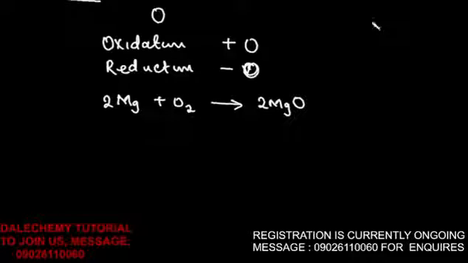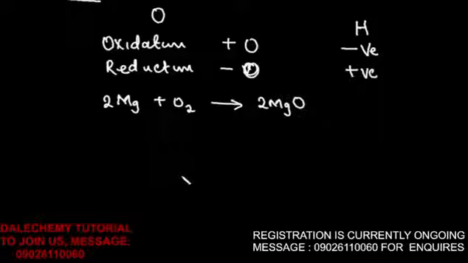Now in terms of hydrogen, oxidation and reduction are directly opposite to that in terms of oxygen. So in terms of hydrogen, oxidation is the loss of hydrogen. Now reduction is the addition of hydrogen to a species.